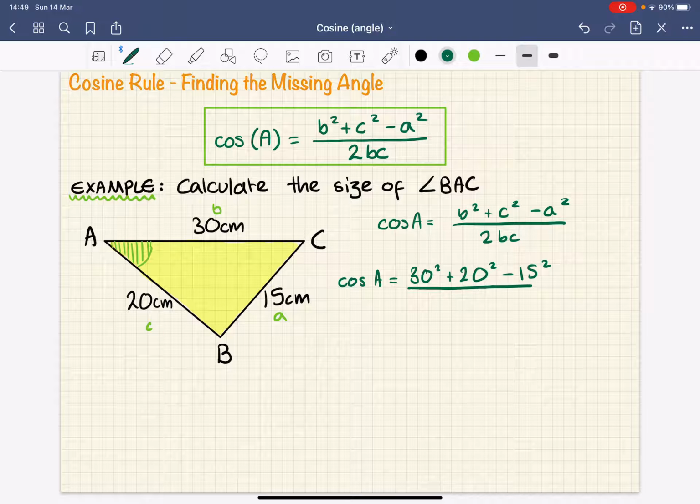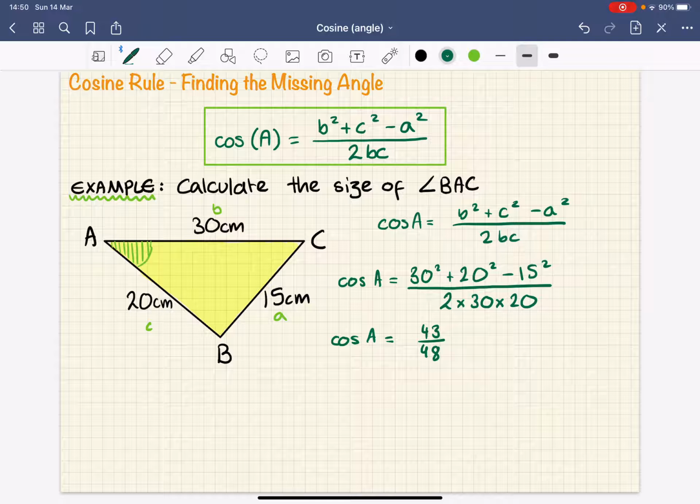And that all goes over 2 times that 30 times the C. Then the next thing I like to do is put everything that's on the right hand side into my calculator, so it does all my simplification for me. This is because usually this is one of the marks, having the simplified fraction, so I always like to just do it. So that gives me an answer of 43 over 48.